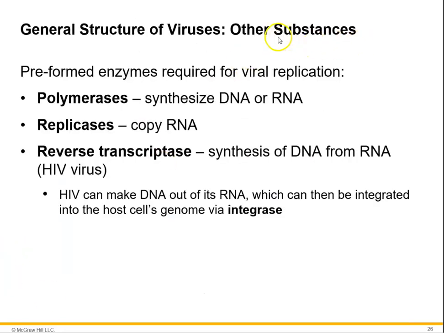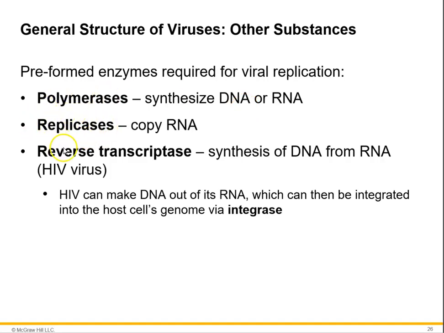All right, other substances that viruses can bring along. Well, we mentioned some viruses bring their own enzymes. For example, polymerases. These are enzymes that synthesize DNA or RNA. Some viruses can hijack the host cell's polymerases, but the host cell has DNA in it, so its polymerase is always going to make DNA. If it's an RNA virus, it needs to bring along its own polymerase to make RNA.